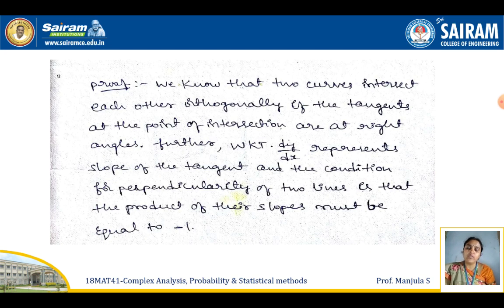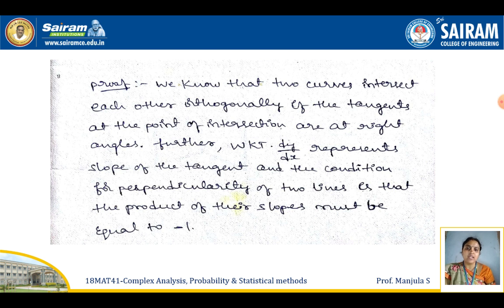Now the proof of this orthogonal property we can do in both Cartesian form and also in polar form. First I am going to do the proof in the Cartesian form. Already we know that two curves intersect each other orthogonally if the tangents at the point of intersection are at right angles.